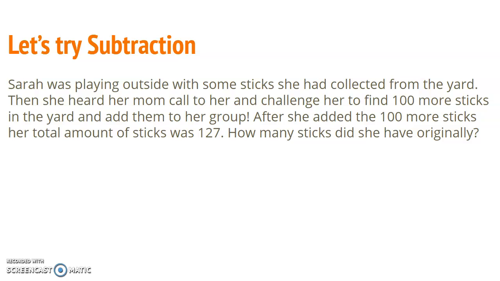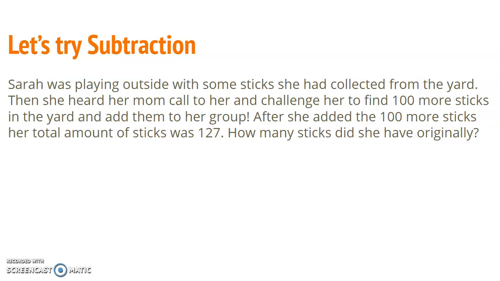Okay, boys and girls, this word problem gets a little bit tricky. So it says she was collecting a certain amount of sticks. Then her mom challenged her to find 100 more sticks. After she added those 100 more, her total amount was 127. But the question says how many sticks did she have originally?